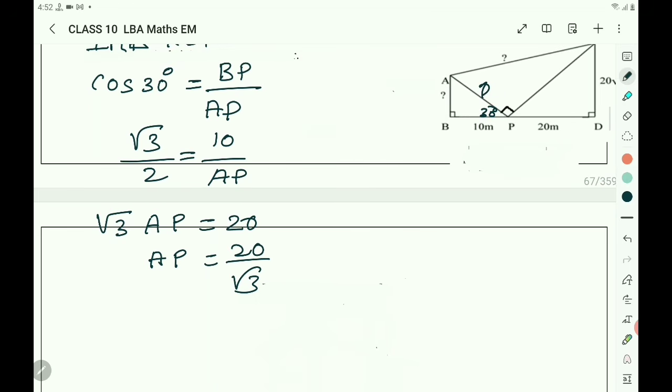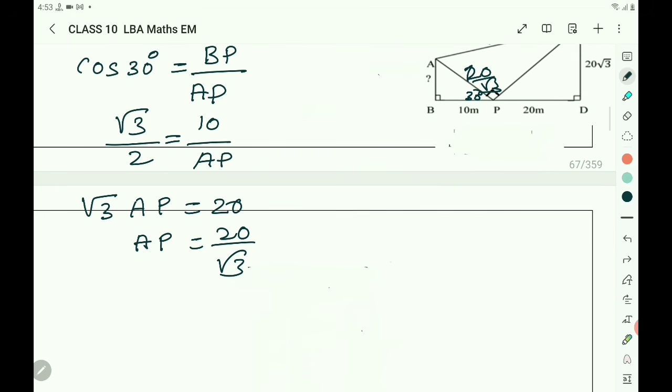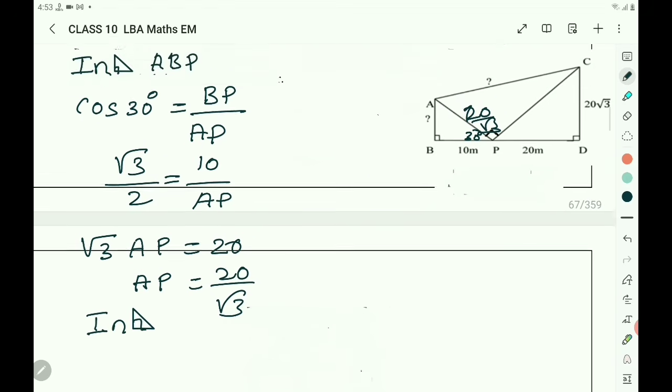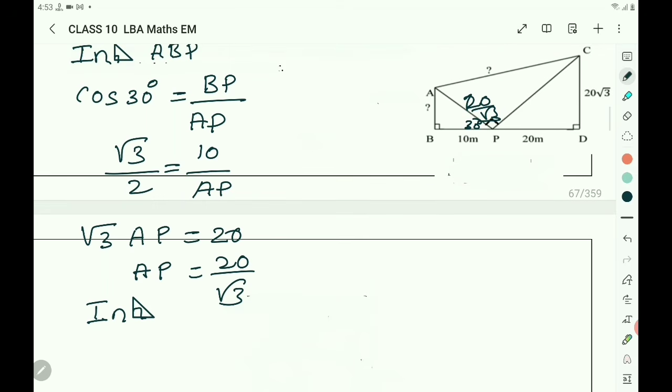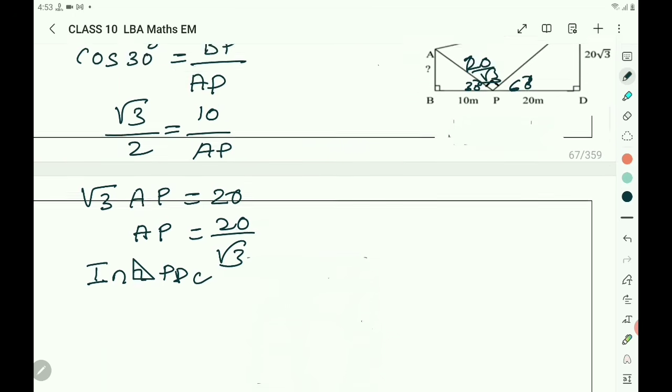Next, you got it, 20 by root 3. Then find PC by using this triangle. Again, you can use this adjacent side by hypotenuse, cos theta only. Write the name of the triangle: in the right angle triangle PDC, this theta we got 60 degree.